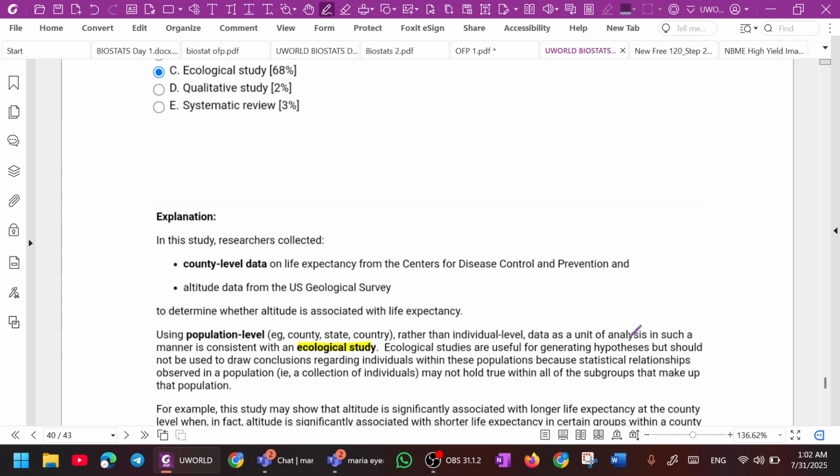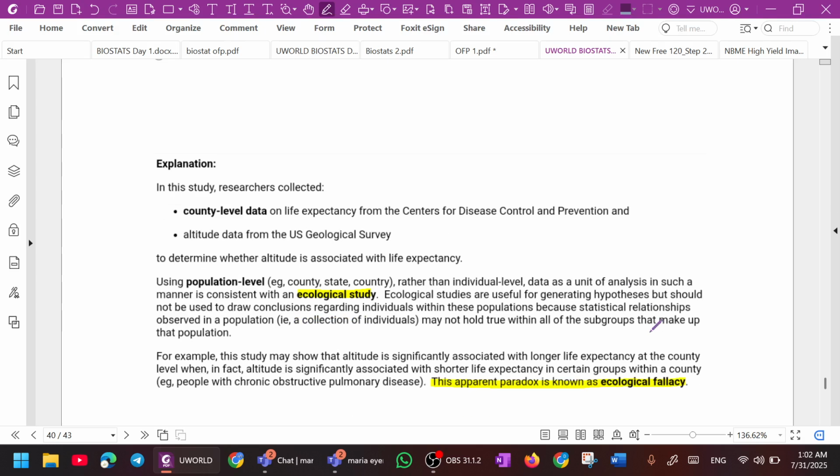Using population-level data rather than individual-level data as the unit of analysis is consistent with an ecological study. Ecological studies are useful for generating hypotheses but should not be used to draw conclusions regarding individuals within this population, because statistical relations observed in a population may not hold true within all subgroups that make up that population.